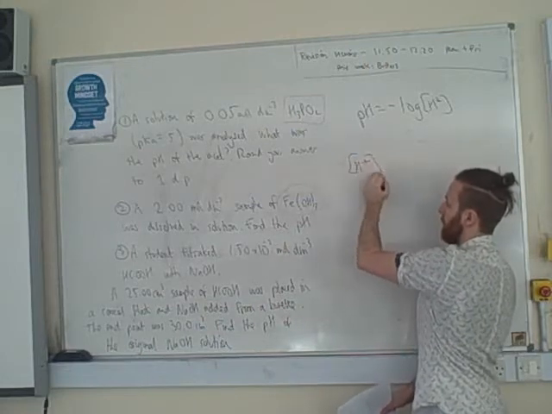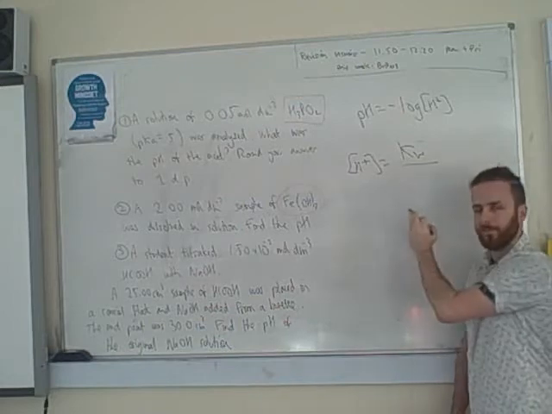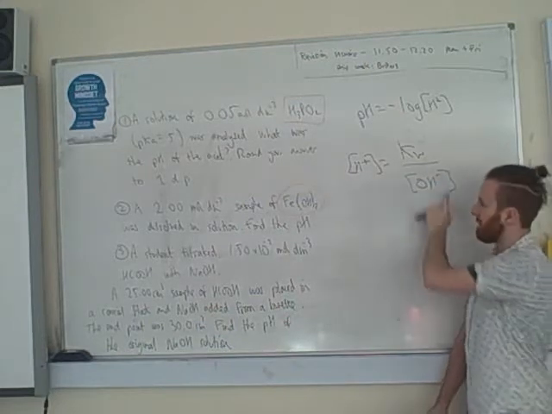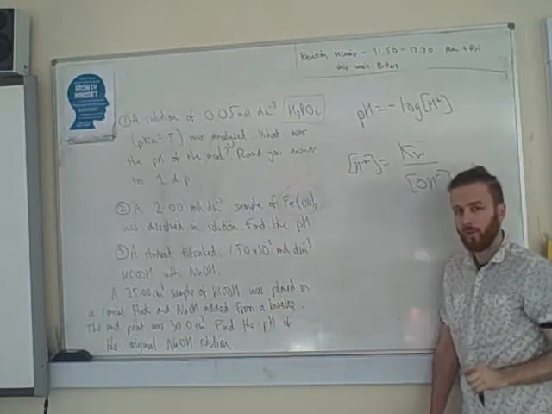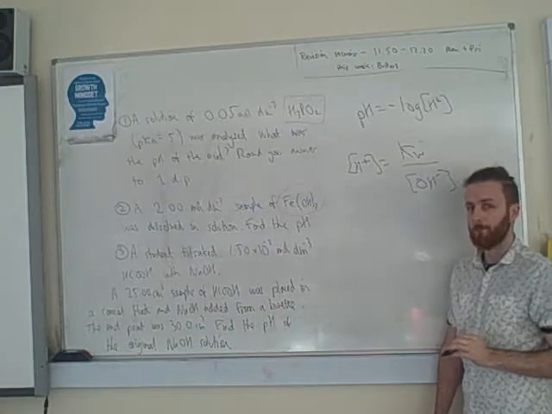So H plus equals Kw over, now originally I'm going to say OH minus, but this isn't the whole of the strong base equation. If you've just done the boot camp, you'll know there's a little bit more to it than that.